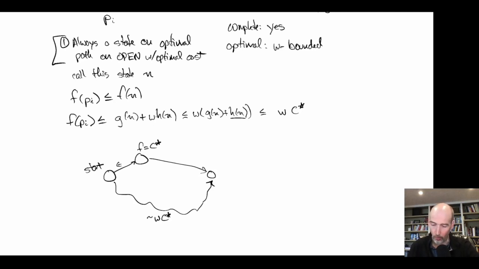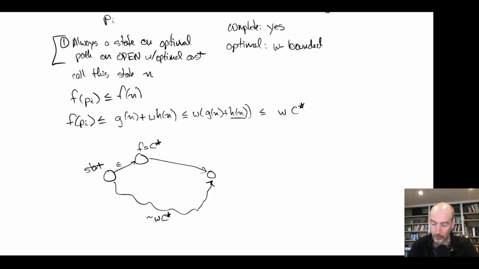But it only holds when I only make it a very short distance along my optimal path, and when my heuristic here is basically perfect. So we can get this w suboptimal solution, but in practice on most problems, our heuristic is not perfect. So I don't actually have f equals c star along the optimal path, and we might go quite a few more edges before we get anything close to that.